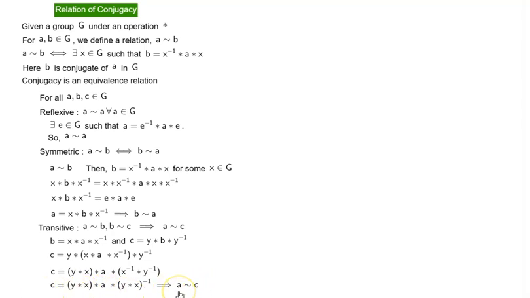It implies C is a conjugate of A. So that means it is transitive. Okay, so now we have shown that conjugacy is an equivalence relationship. Let's look at an example.